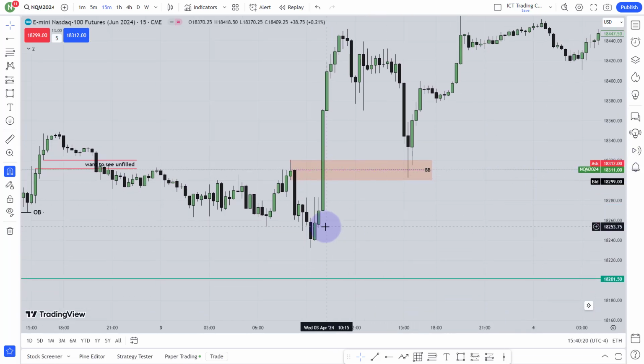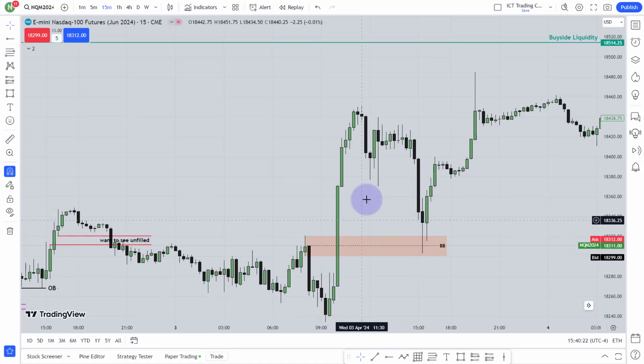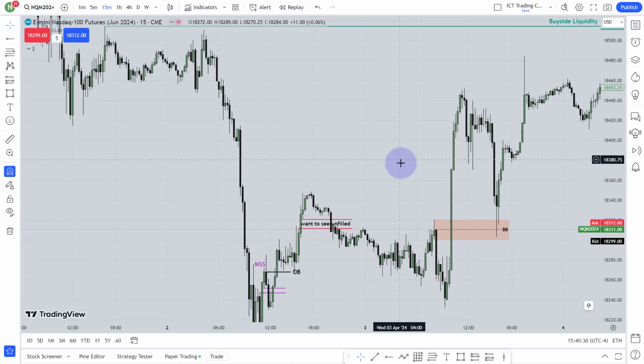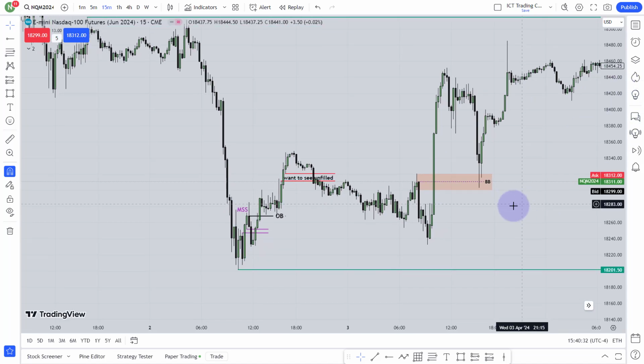Now, when the market closed above the breaker block, if it has taken that buy side liquidity, then this bullish breaker block is not valid. That means there have to be three rules. First rule, it can't take the low, that low from the 2022 model. The model has been created over here, so it can't take that low.